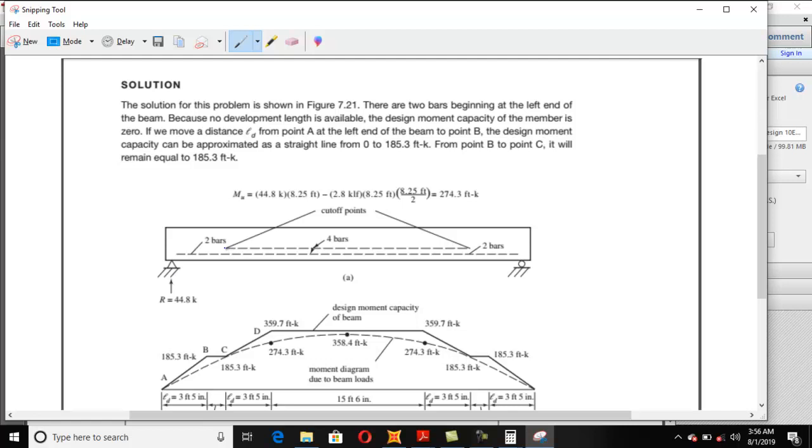You see that in between these 2 points there are 4 bars, but beyond these 2 points there are 2 bars, which continue to the supports. Clear? Now the question is what will be the design capacity of this beam.